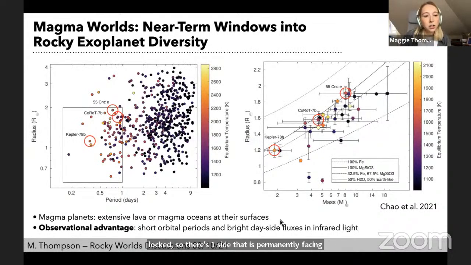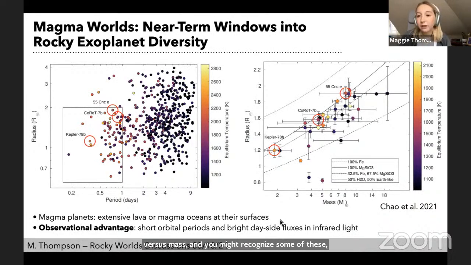And so these 2 plots here from Chow et al. 2021 show you the distribution of these low mass, rocky, and hot planets. So you're looking at, on the left, radius versus orbital period, and then on the figure on the right is radius versus mass. And you might recognize some of these magma worlds.